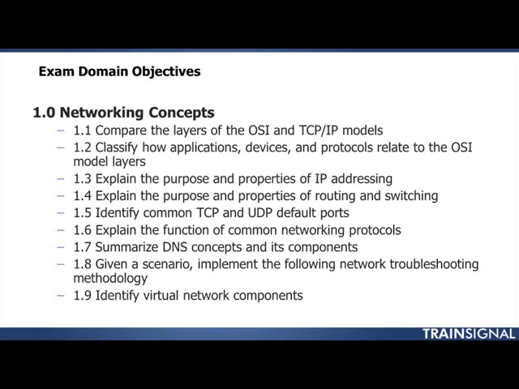So the first thing that I'd like to do with you when it comes to getting ready for certification is make sure that you are familiar with the exam domain objectives. Okay, and these objectives that you see in front of you are literally copy pasted straight from CompTIA's website.